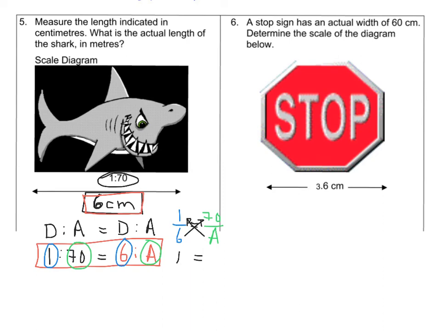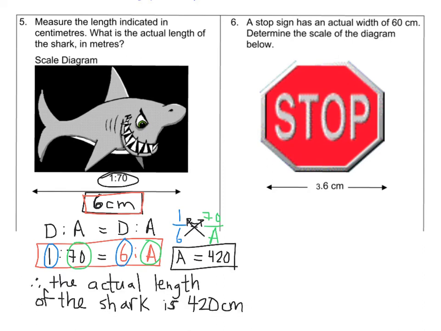We've discussed this. This is just A. And then I will get 6 times 70, which is 420 centimeters. So therefore, the actual length of the shark is 420 centimeters.